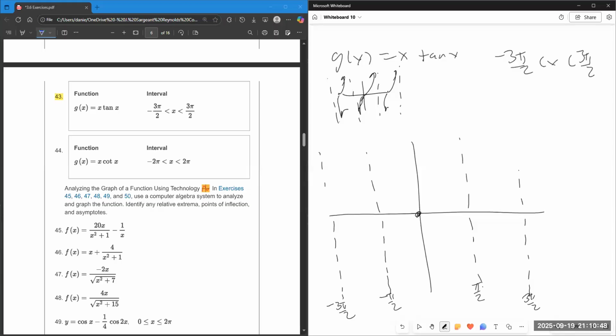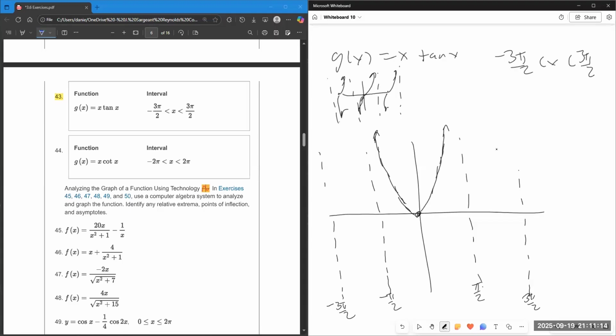All right, so in this piece, I'm going to have a positive x value times a positive y value. That's going to stay positive. It's going to grow faster here, and it's going to go up that way. Now I'm going to have a negative x value times a negative y value, so that's also going to be positive, and that's going to come up this way.